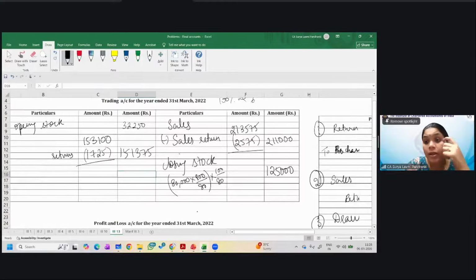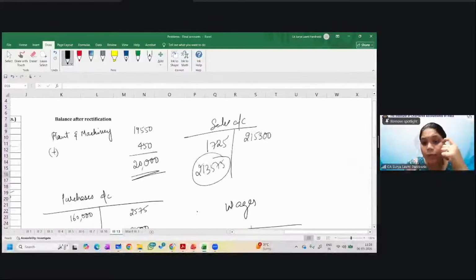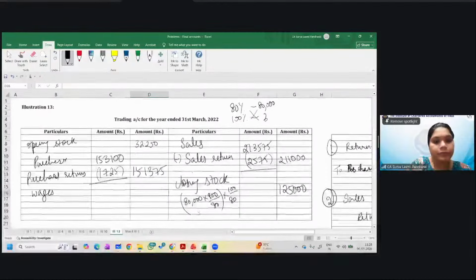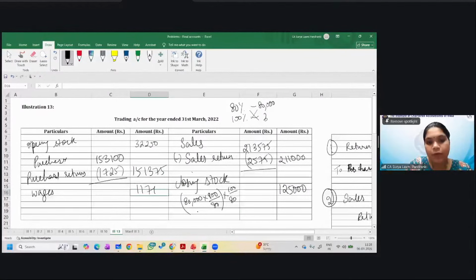How much is wages? Wages, you can't take it from that table. You have to take it from here, no? So wages is 11715. Okay. Did we miss anything else?